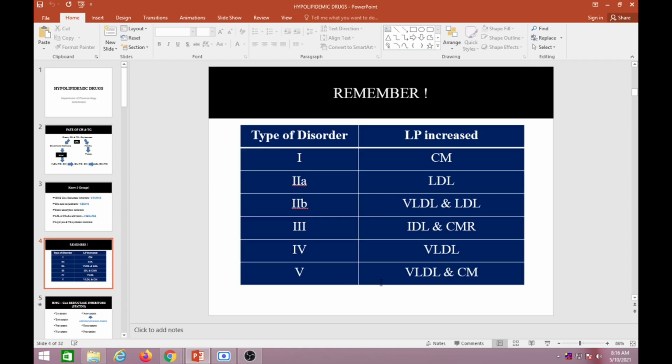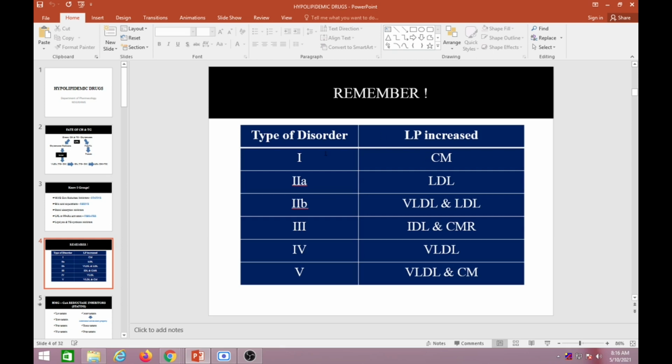Now these are the various disorders which result in dyslipidemia. They have been classified by numbers, such as type 1, type 2A, 2B, 3, 4, and 5. This numbering has been done mainly depending on which category of disorder is there. In case of type 1, the main lipoprotein increased is chylomicron. This has no problem, so treatment is not required.